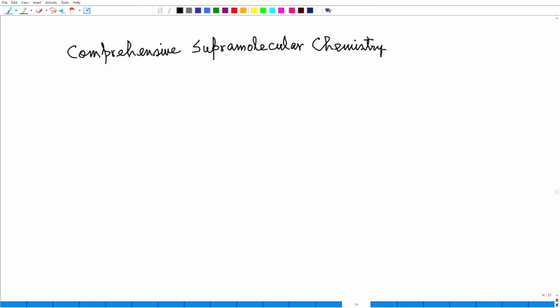They contributed, and the first edition was published by Pergamon Press. This book will tell you how to synthesize all these compounds that I have discussed so far.